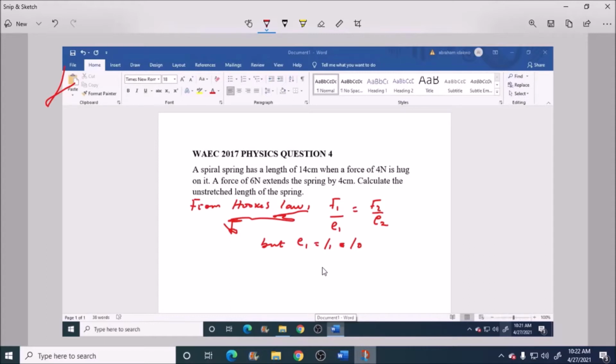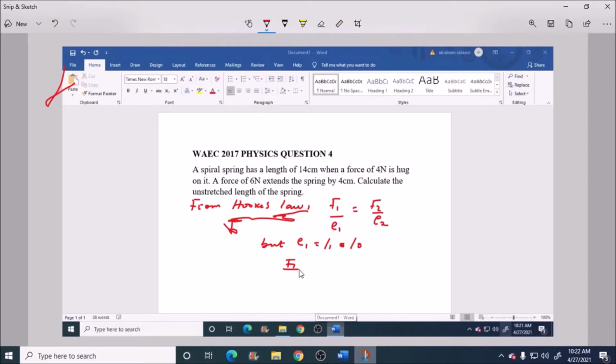So substituting, we have F1 over L1 minus L0 equal to F2 over E2.